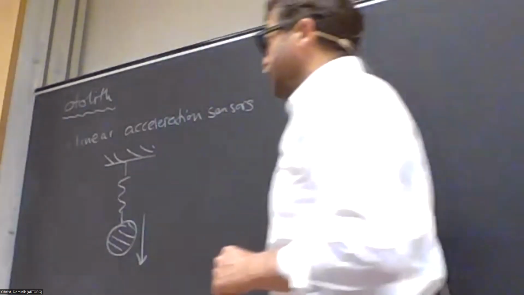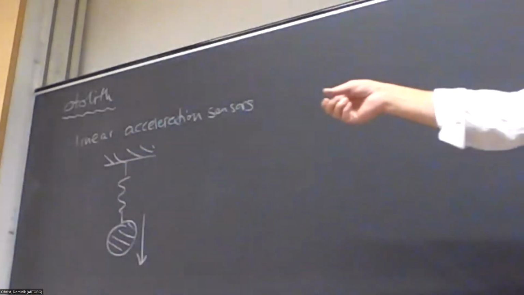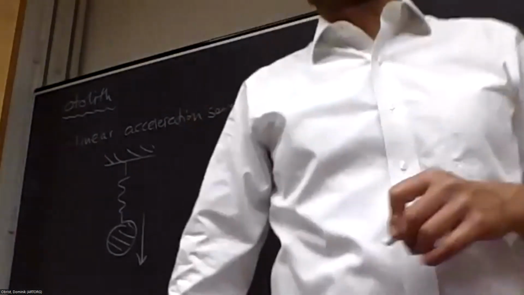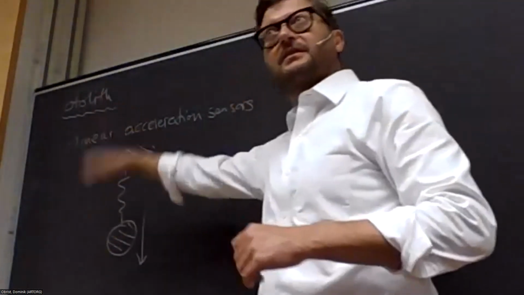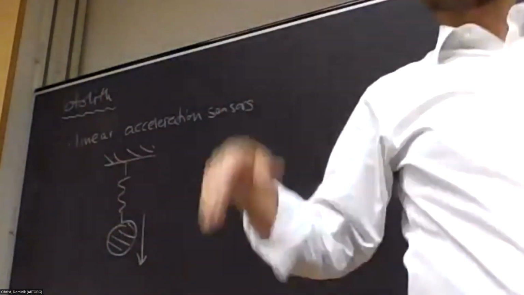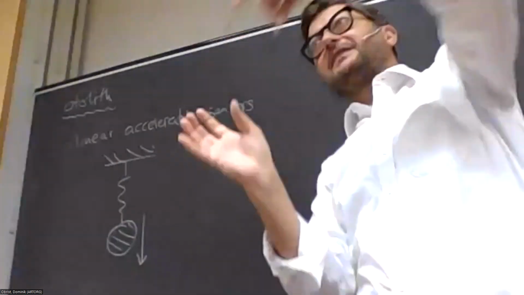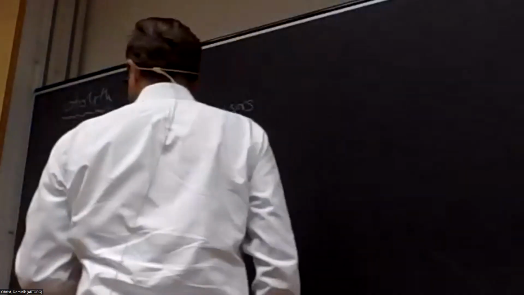This is actually not complete. If it was only a spring here, it would be undamped, and if you stimulate it, it would start oscillating. So this would mean if you tilt your head, it would not just move to the side, but it would actually swing forth and back about its equilibrium state.